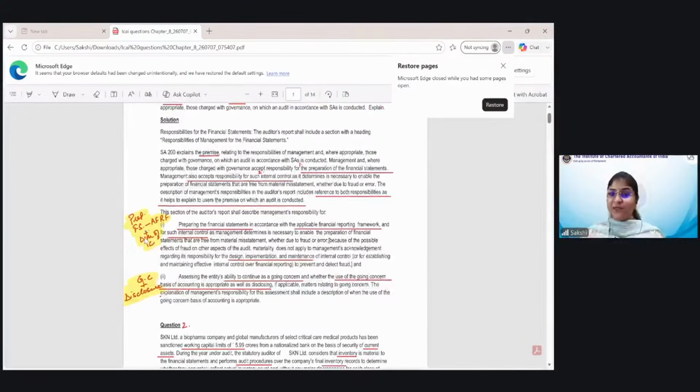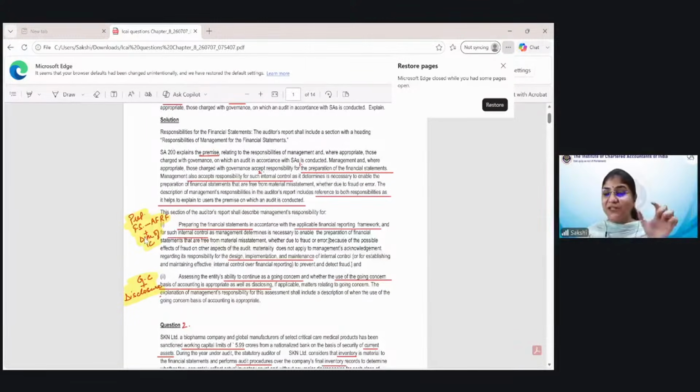So let's start. Responsibilities for financial statements. The auditor's report shall include a section with the heading Responsibilities of Management for the Financial Statements. I hope you remember the format of the audit report. Okay, the heading, that's the title, and then followed by the responsibility of addressee, responsibility of management, responsibility of auditors.